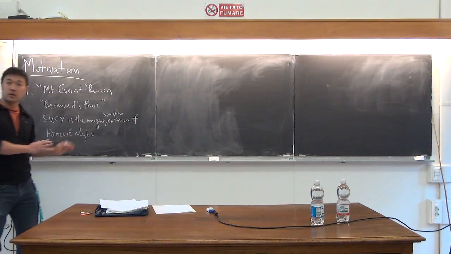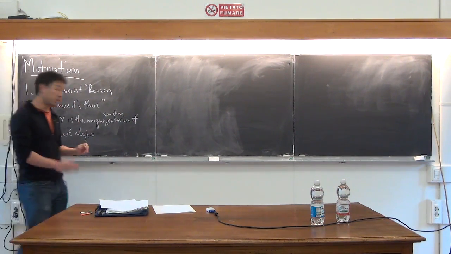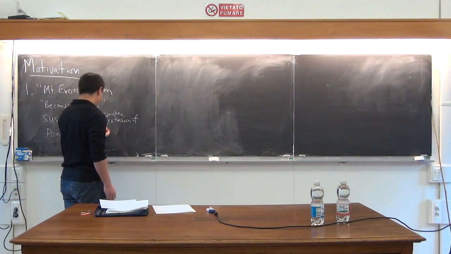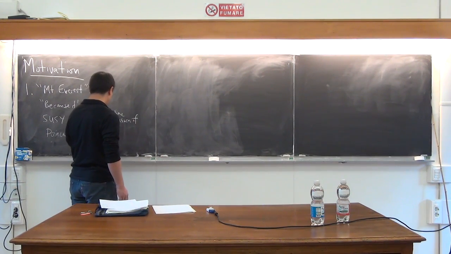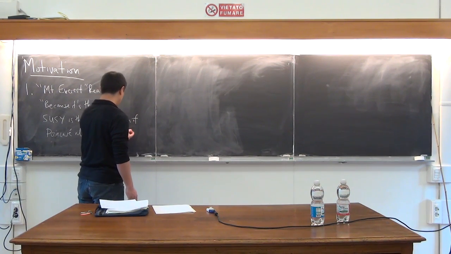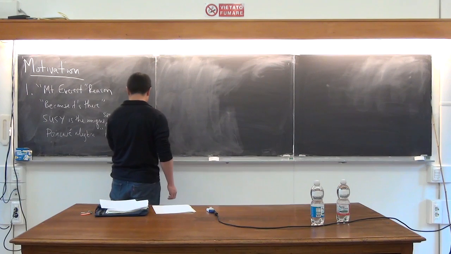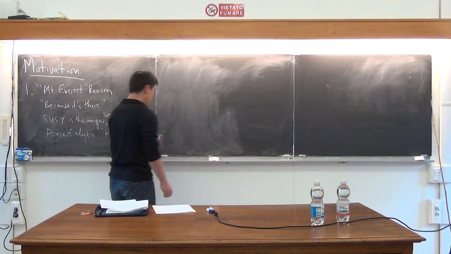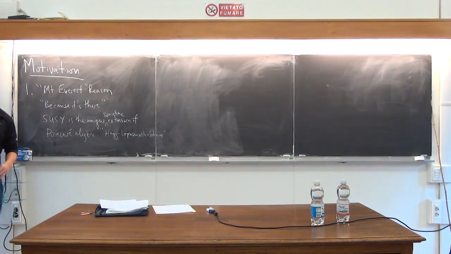I'll be going a little bit more into detail about this in a moment, but here I'm just going to mention that this is called the Haag-Lopuszanski-Sohnius theorem. It was proved by these people in the 70s.